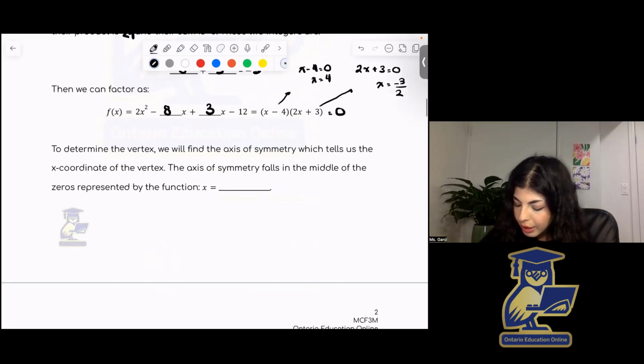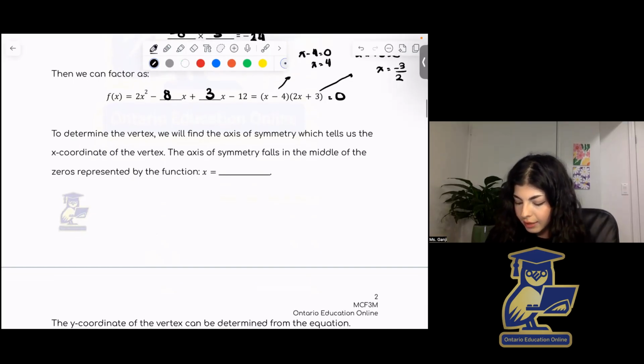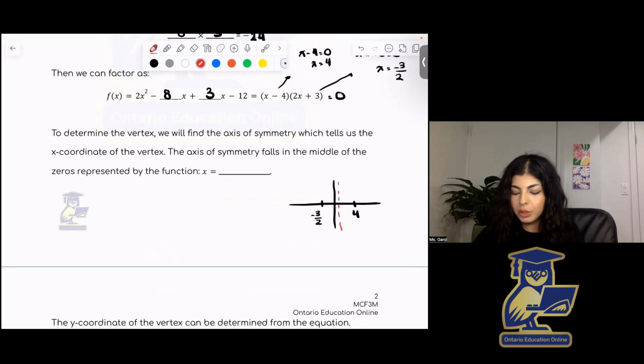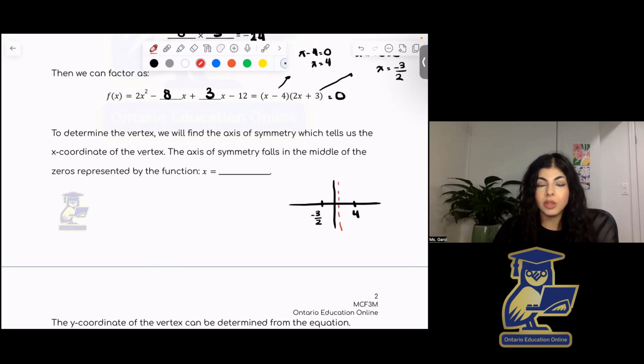So kind of picturing it now on an axis, we have x is 4 there, and we have negative 3 over 2 about here. Our axis of symmetry will fall in between these, and we will have our vertex on that axis of symmetry. So to find that, we are going to have 4 plus negative 3 over 2, and we're going to divide this by 2.